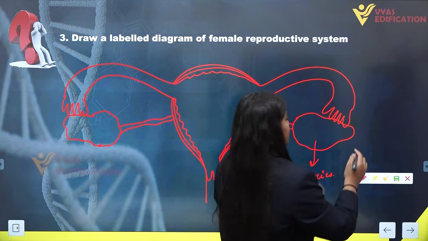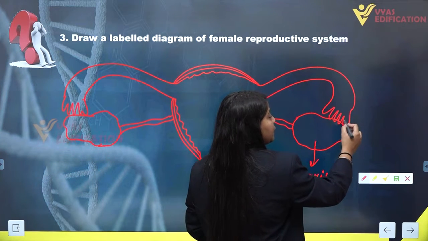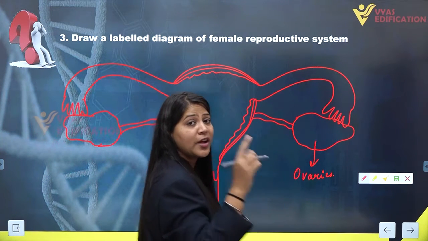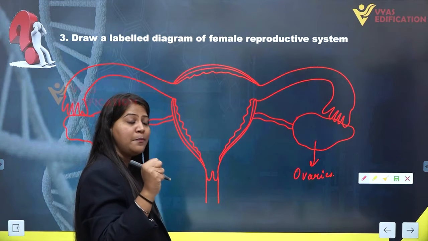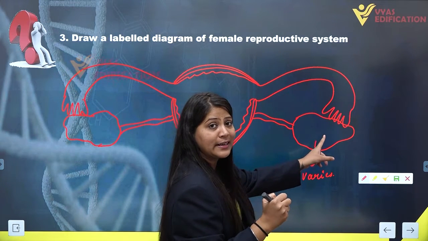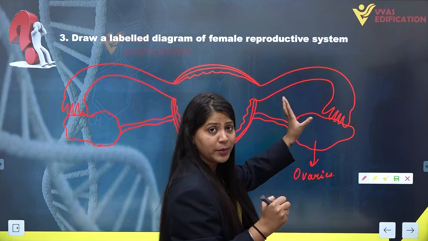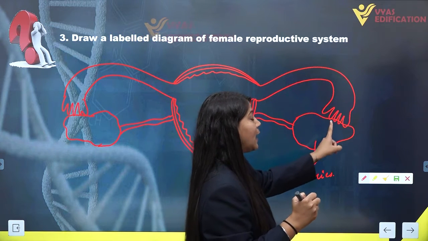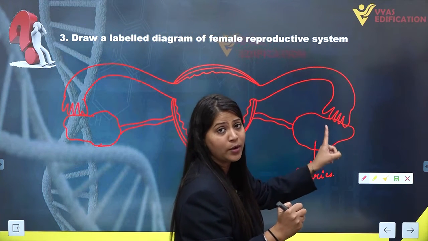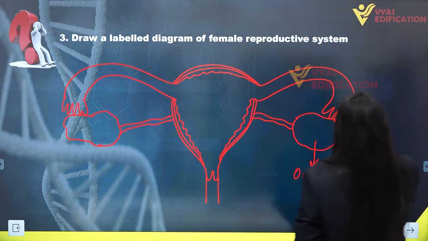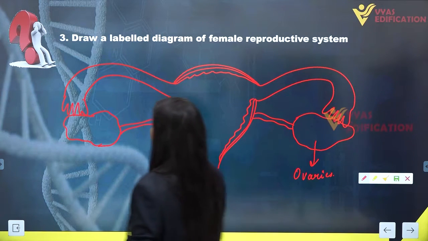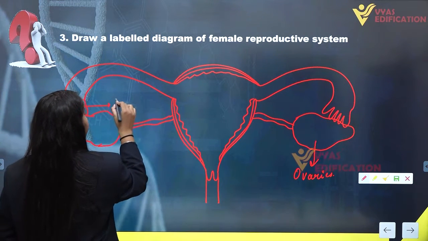As we can see, the touching portion of finger-like projections of the fallopian tube actually collects the ova from the ovary and conducts them to the inner parts of the fallopian tube. These finger-like projections of the fallopian tube are known as fimbriae.